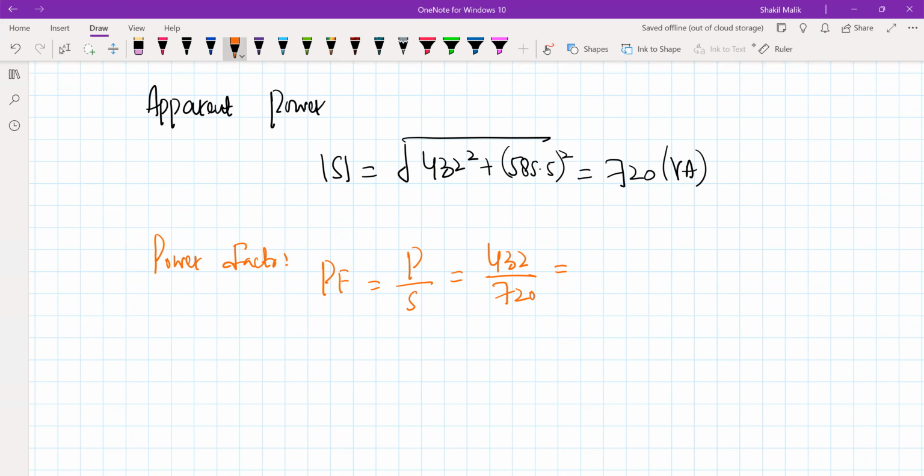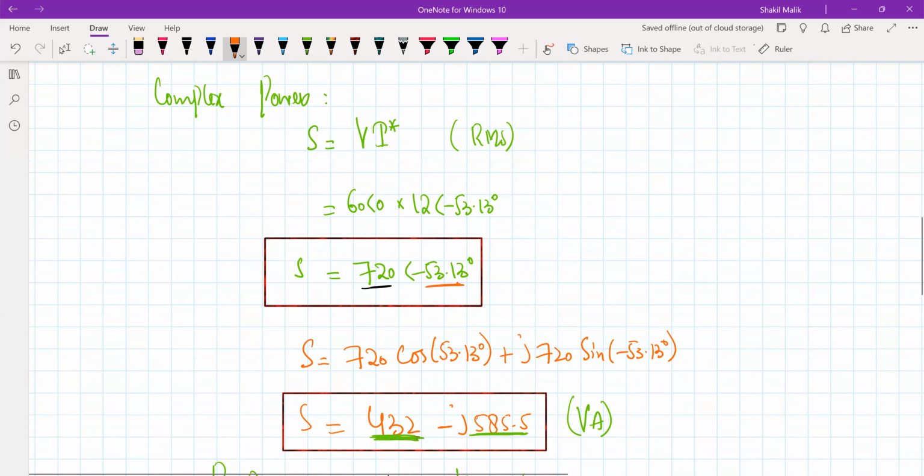This is the same as 0.6. Now you can see cosine of 53.13 is also 0.6. So whether you use this one or this calculation, that's it. So this is the power factor at which these two loads are operating. All right, so this is the calculation that we needed to do.